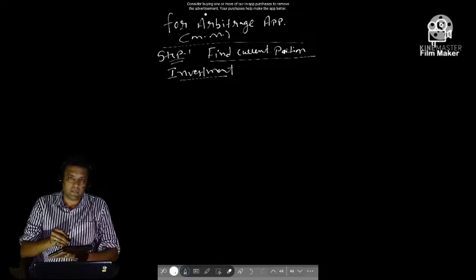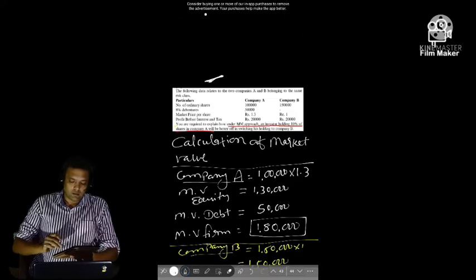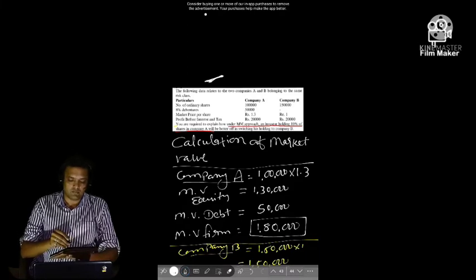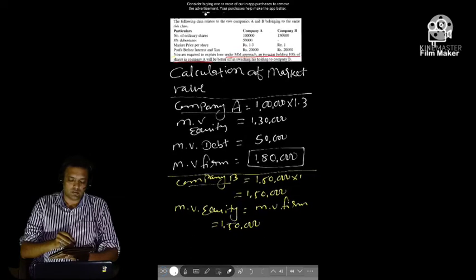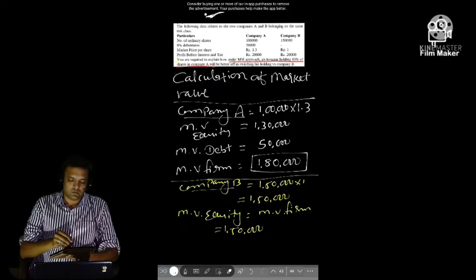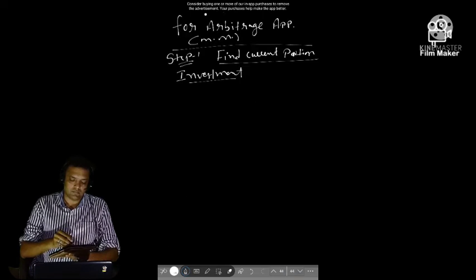So in company A, the market value of equity is 1,30,000, and 10% is 13,000. So step 1, find the current position as far as investment is concerned and as far as income is concerned.